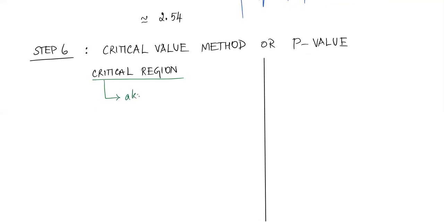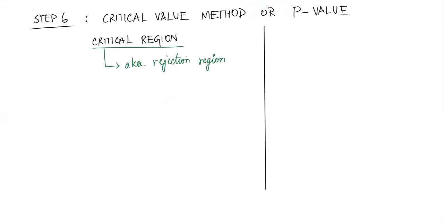It's also known as rejection region. This is interesting because now you actually begin to see what region it is that we will use to decide whether the claim should be rejected or not. Region, therefore, it is the area, right? It's a region.